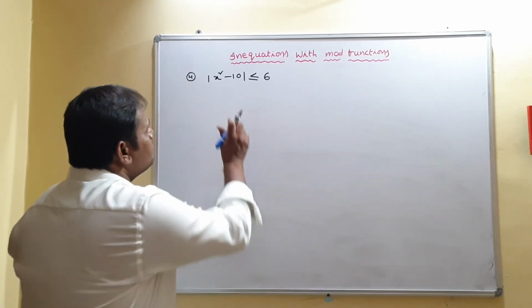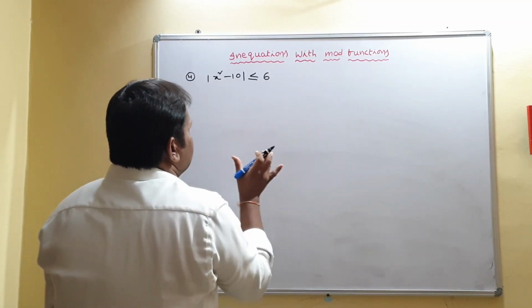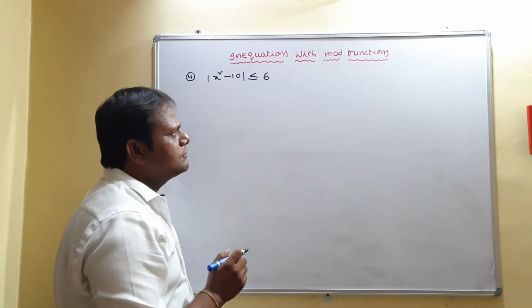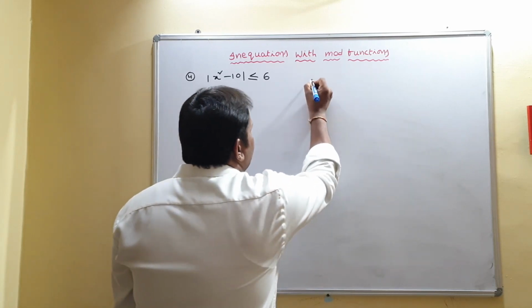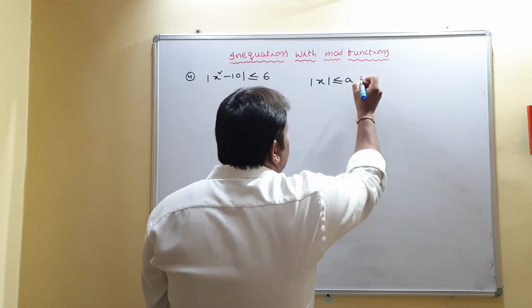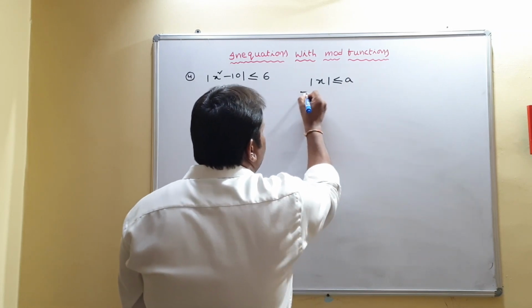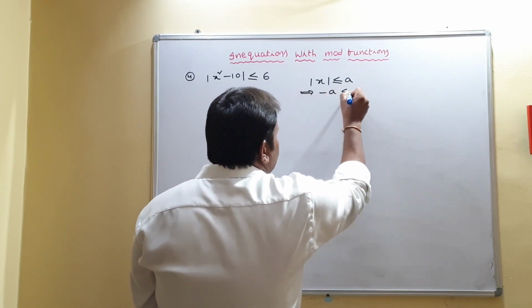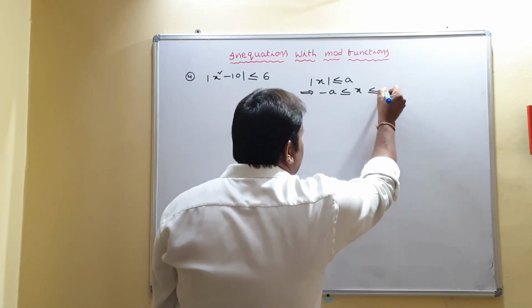Moving to next. Mod x square minus 10 less than or equal to 6. So we have one result: mod x less than or equal to a. If mod x is less than or equal to a, what do we write? Minus a less than or equal to x less than or equal to a.